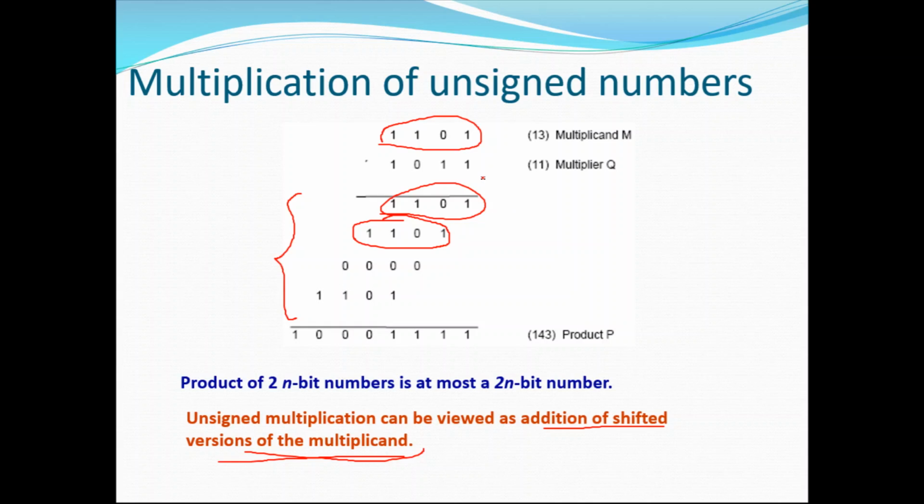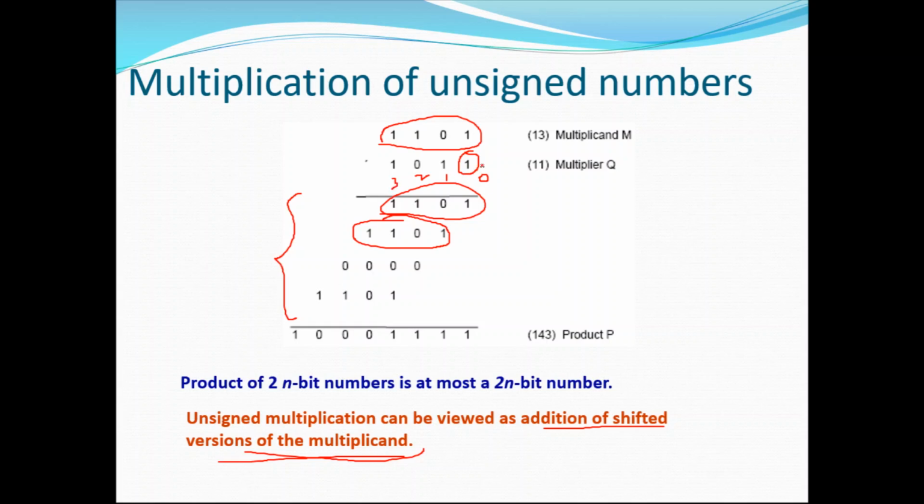In the multiplier, here you can see the least significant bit. This is bit 0 of the multiplier. This is bit 1, this is bit 2, and this is bit 3.